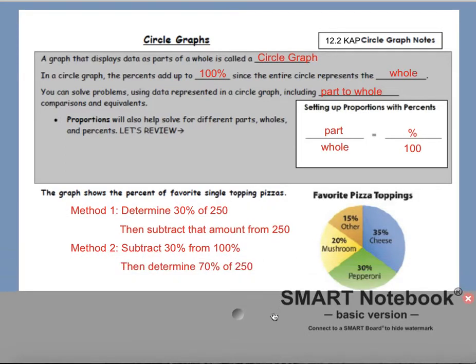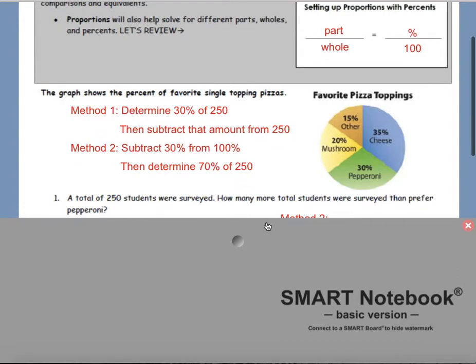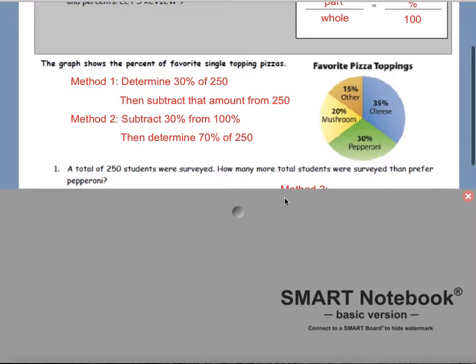So let's look at our first example. Here it says a total of 250 students were surveyed. How many more total students were surveyed than prefer pepperoni? There are two ways that we could do this. First, if you look here, pepperoni is 30%.